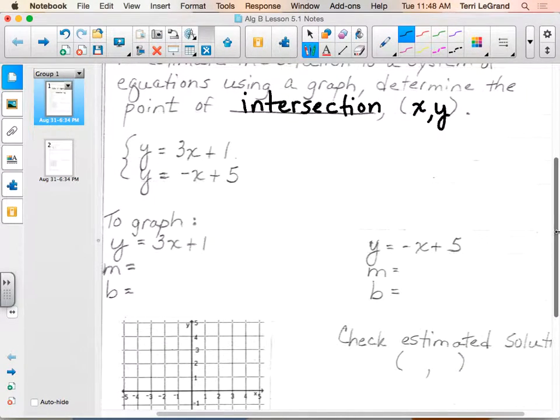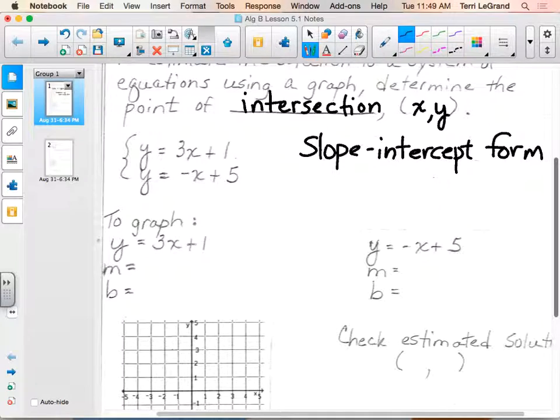The good news is today when we are graphing, our equations are already going to be in slope-intercept form. So let's just put that over here. Let's remind ourselves what slope-intercept form looks like and why it's such a big deal.